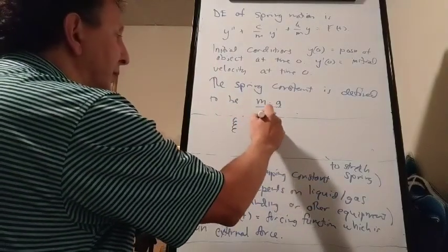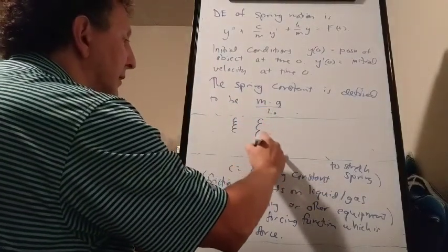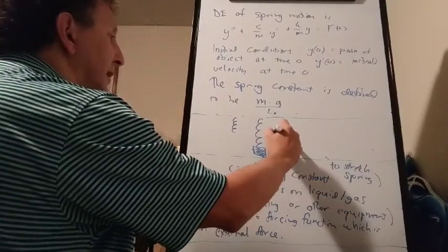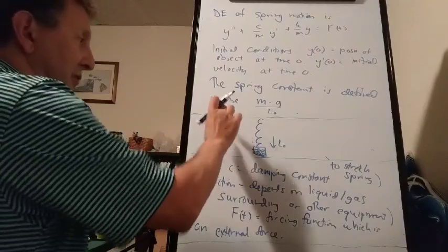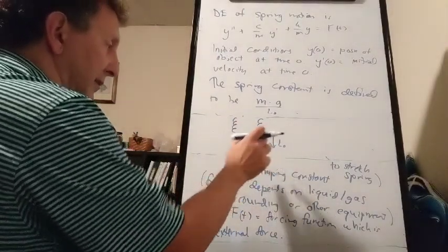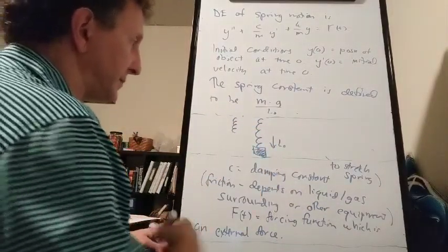So here's the spring without the mass. There it is with the mass. And then L naught is the distance past natural length that this mass stretches the spring.